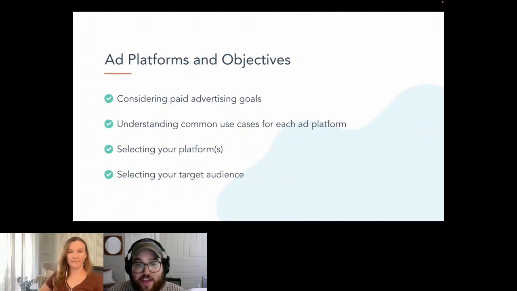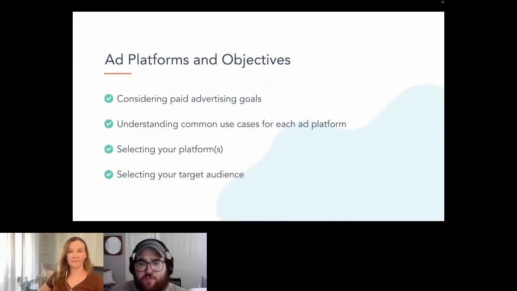And then once you understand that, choose the platforms that work best for you. So if you know for a fact that people are going to Google and searching for specific search terms to get to my website, I'm going to run some Google search campaigns. And I also know my audience is on Instagram and Facebook, and I want to retarget that audience. Those may be the two platforms you decide to go with. And then you can start to get creative with how you want to target this audience. Where do they live?